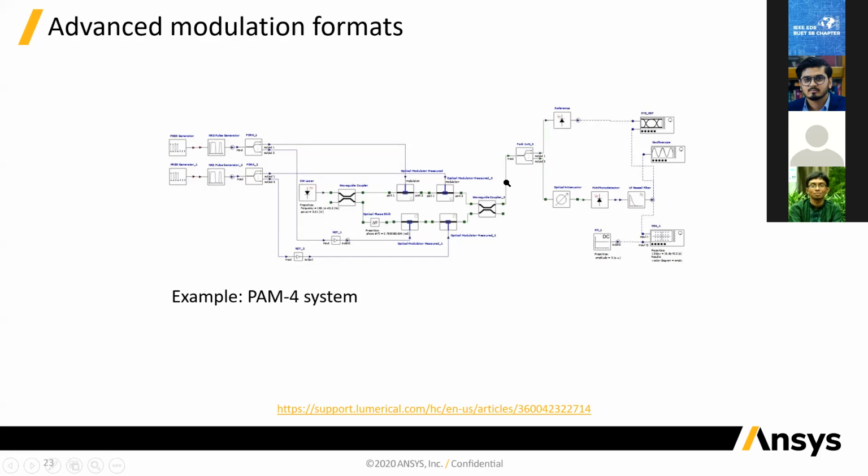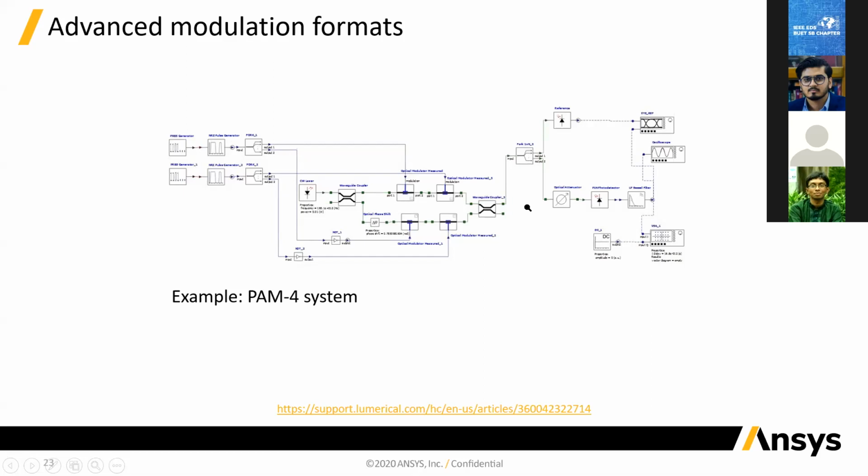So you can imagine that you create these two branches of the Mach-Zehnder, and if you change the phase shift of each of these arms based on the bit sequence the generator is producing for you, then you can control the amplitude of the light coming out of here.